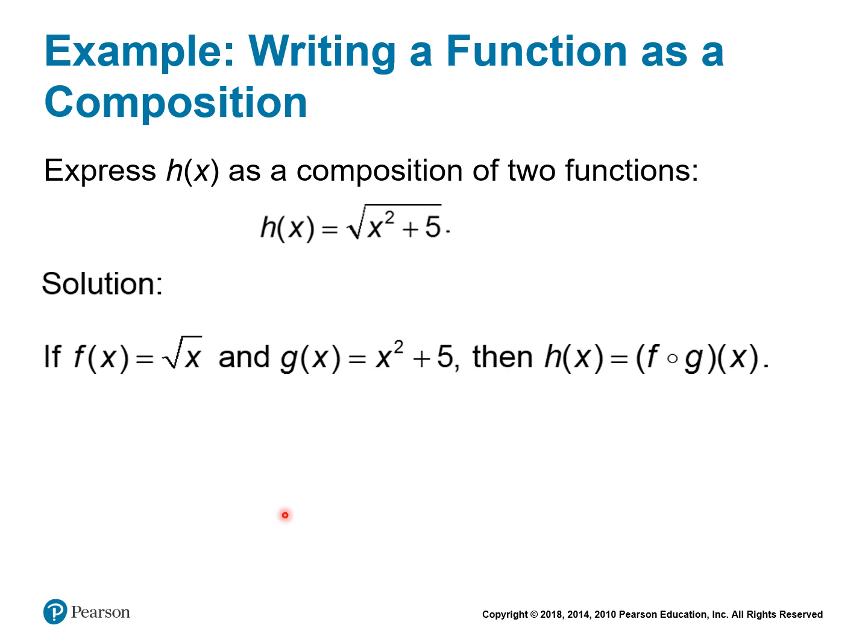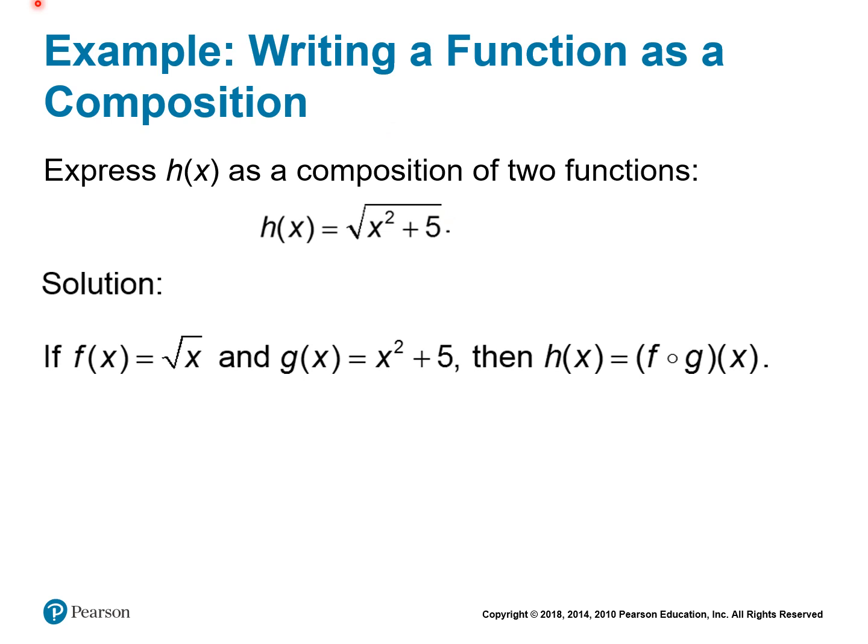Finally, we go over the process of decomposing a composed function. In other words, writing a function as a composition, which means we are given a composed function, in this case h of x equals square root over x squared plus 5. We have to decompose it.